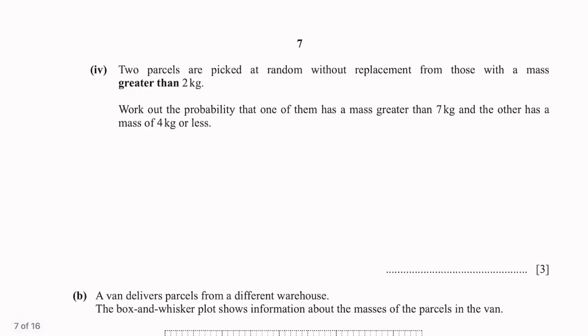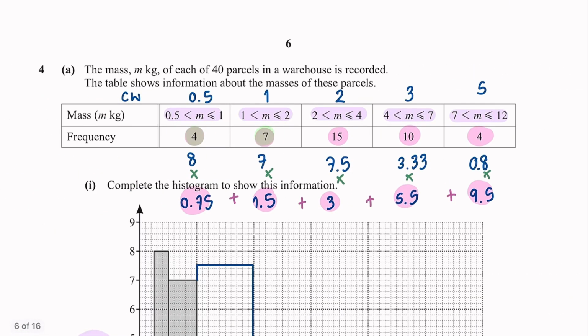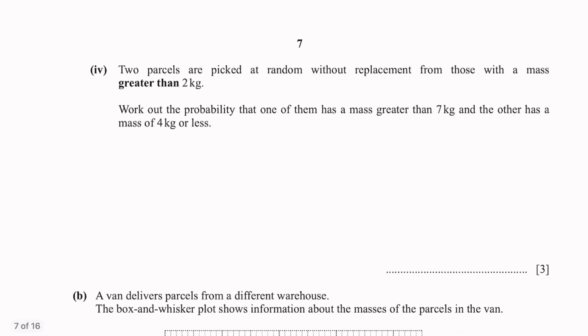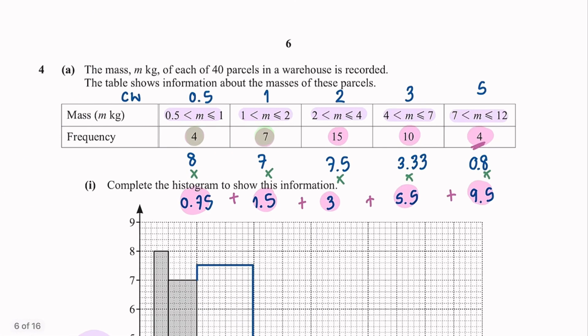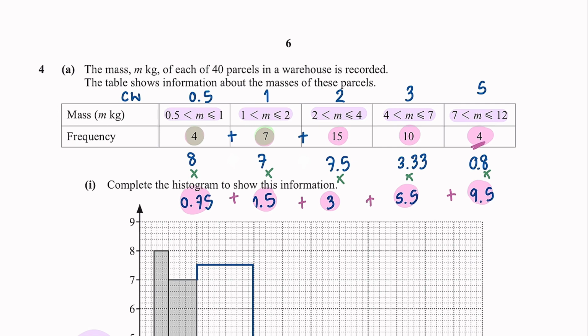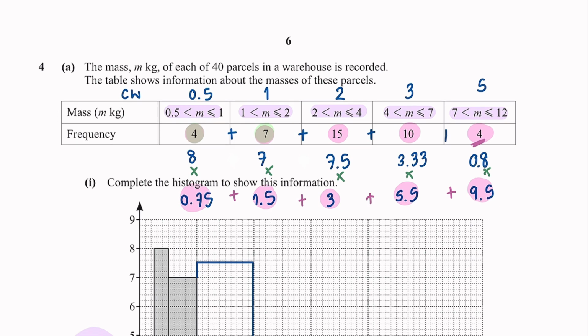So first, for the one which has a mass greater than 7 kilograms, well, there are 4. So this is 4 over 29. 29 comes from 15 plus 10 plus 4.